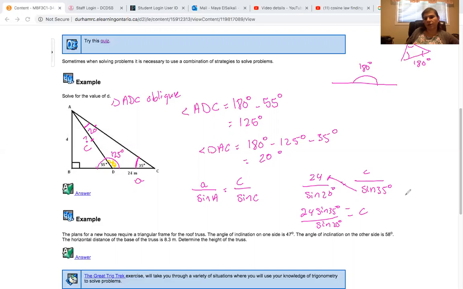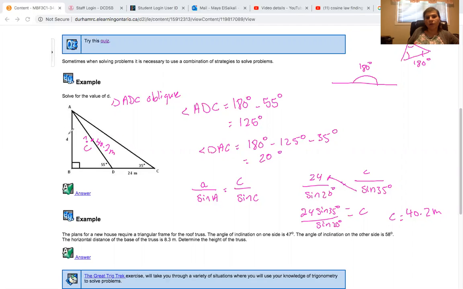And that's going to give me C equals 40.2 meters. All right, so I'm going to clear this. So far, what I found is that this is 40.2.